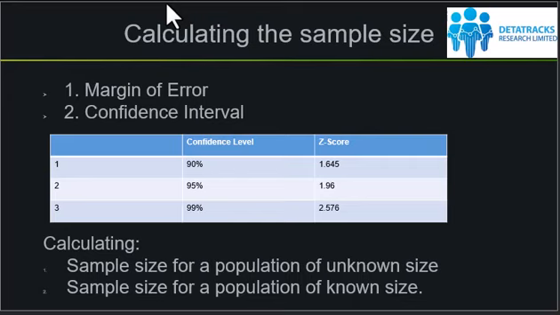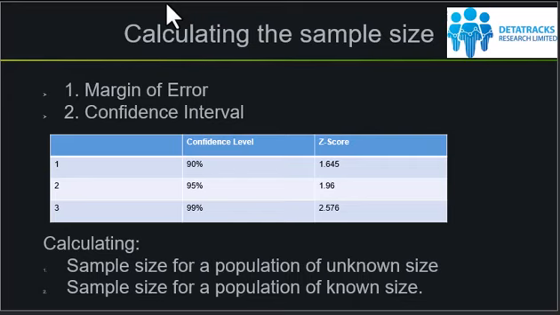The confidence interval: how confident do you want to be that your actual number falls within your margin of error? The most common confidence intervals that we use are 90%, 95%, and also 99%, which correspond to the z-scores given in that table. So for example, imagine that you set a margin of error of 2% and a confidence interval of 95%.